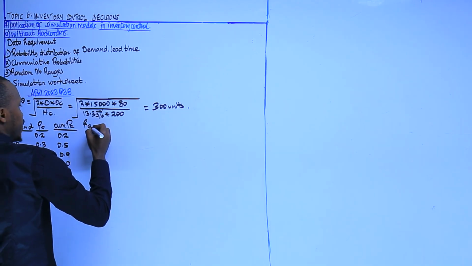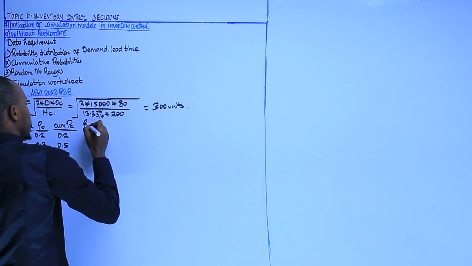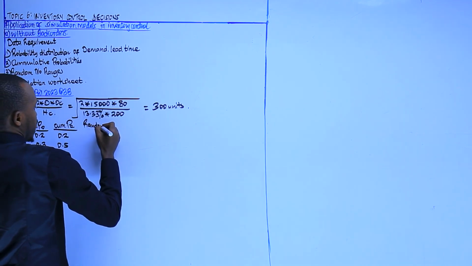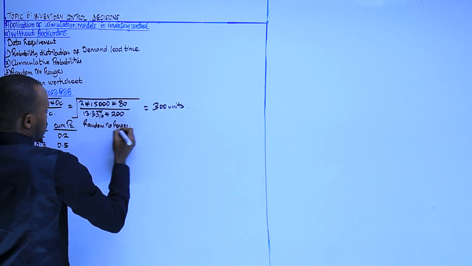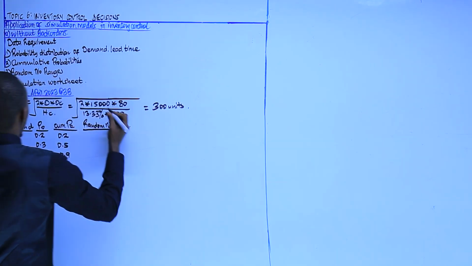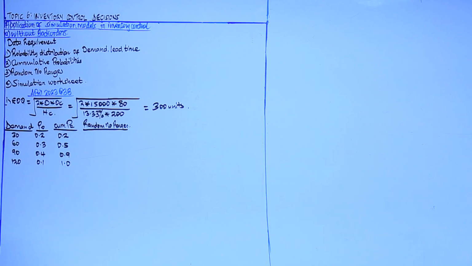Then we must determine our random number ranges. This is what we're following: probability distribution, cumulative probability, and random number ranges.